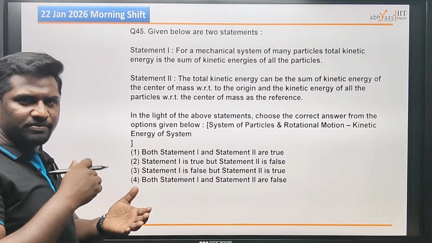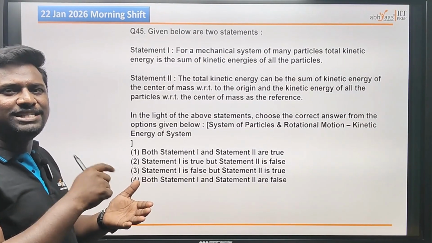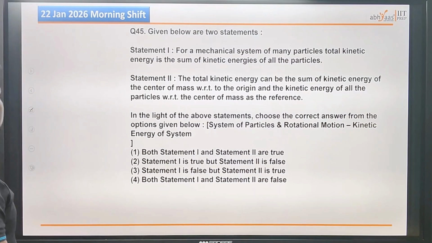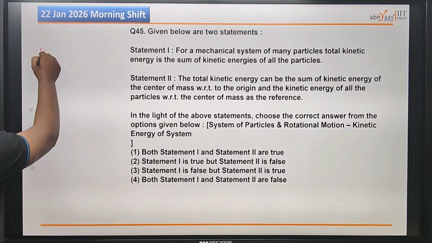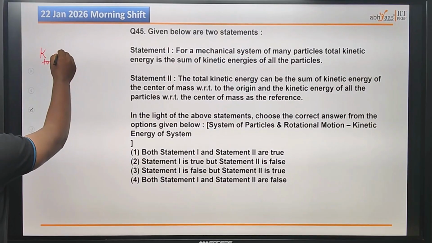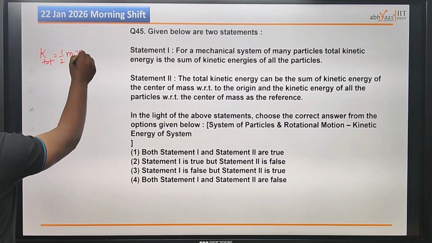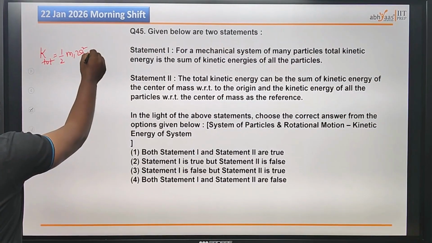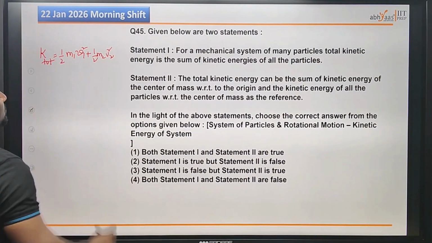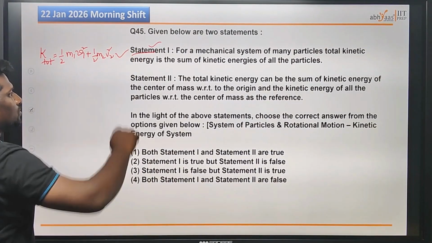So in a system, the kinetic energy of each particle added together is equal to the total kinetic energy of the system, that is half m1 v1 square plus half m2 v2 square. That is the right statement, statement 1 is true.